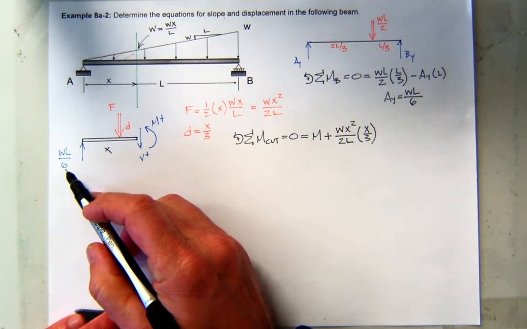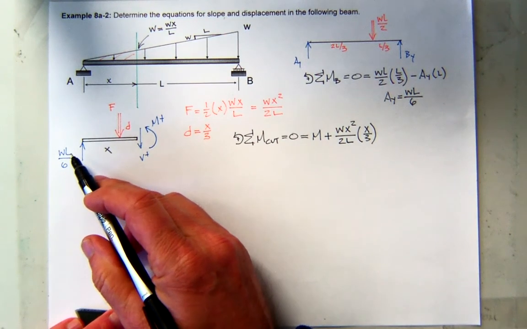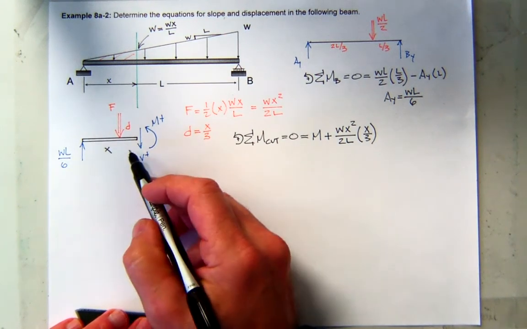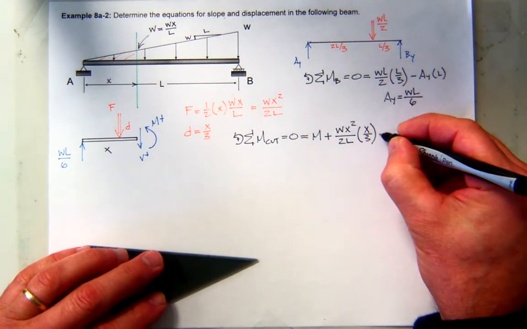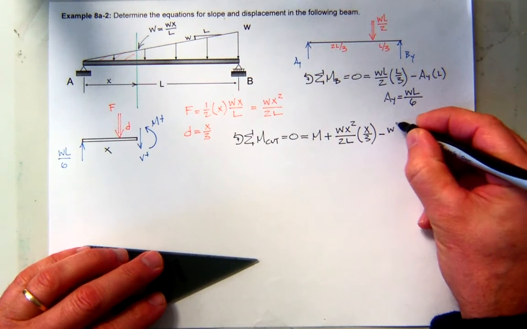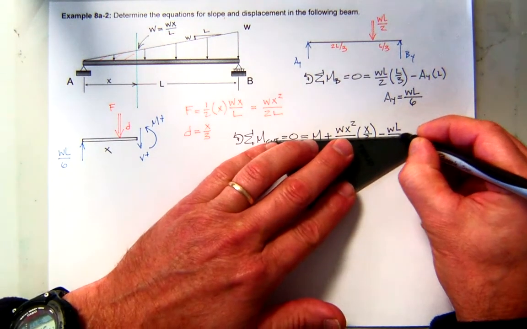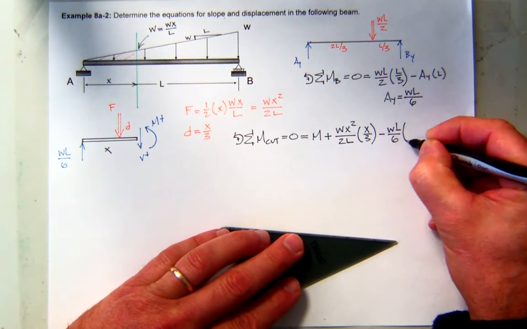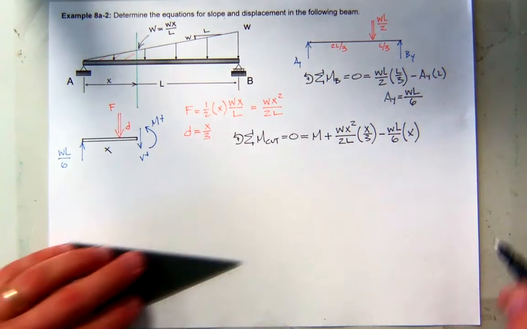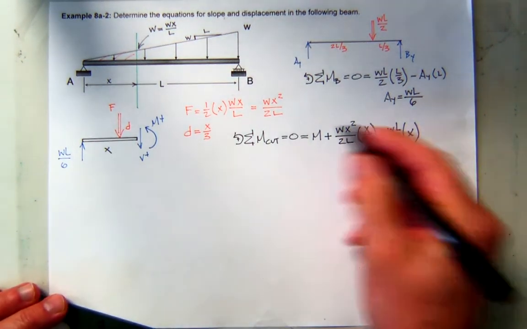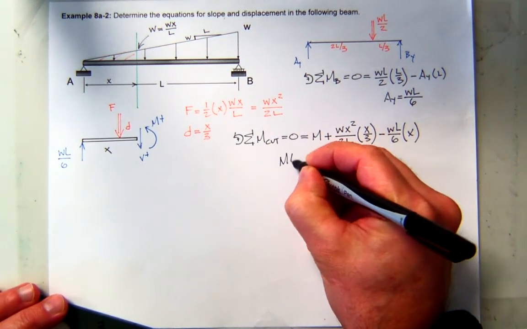And then we have the reaction force, which is WL over 6, and that has a moment arm of x, and that creates negative moment. WL over 6 is the force, and x is the moment arm. So you just take your time. You can write an equation for the moment.